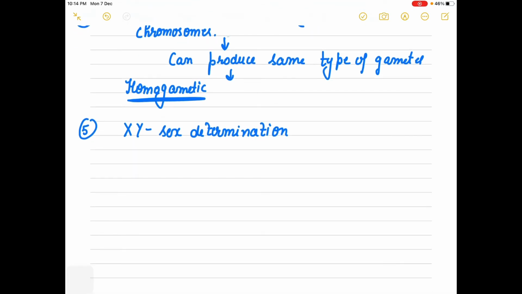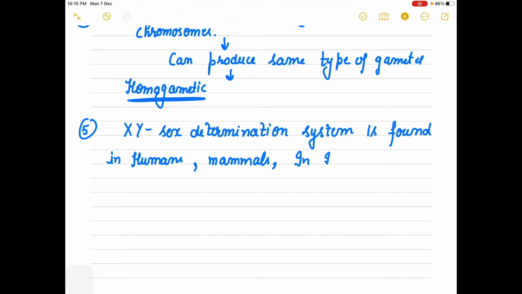So this system is the XY sex determination system, and it is very commonly observed in humans, then mammals, even in insects like Drosophila, which is also known as the fruit fly, and a few plant species.